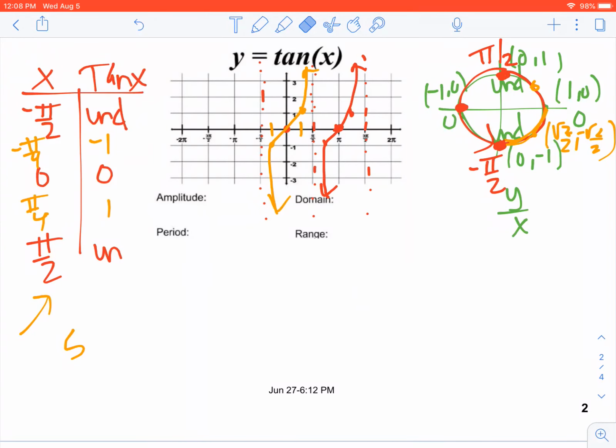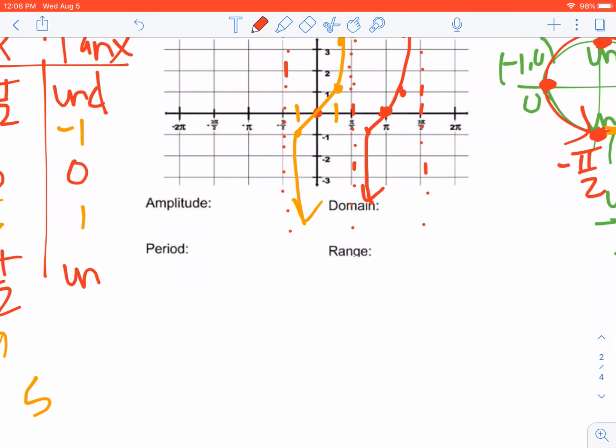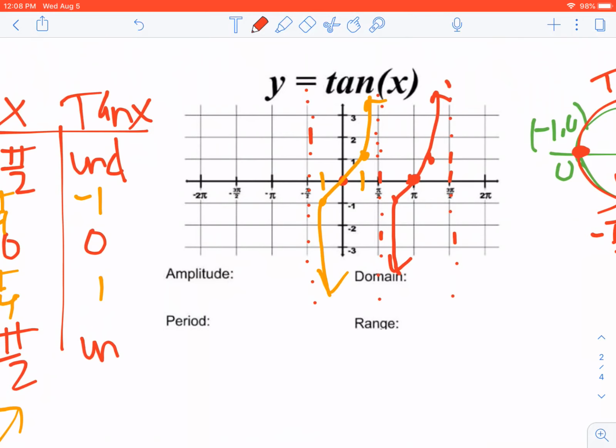What is the amplitude? Friends, there is technically not an amplitude because there isn't a distance, but we will have vertical stretches and shrinks. So we will discuss how the number in front is the amplitude or vertical shrink or vertical stretch. This should be familiar to you.